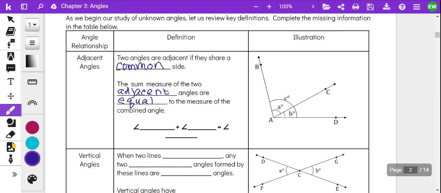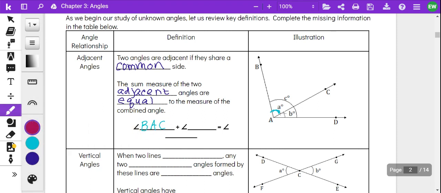So let's look at this angle over here. We have the first angle, which is going to be A right here, and that's formed by point B, point A, and point C. Point A being the vertex. So BAC.